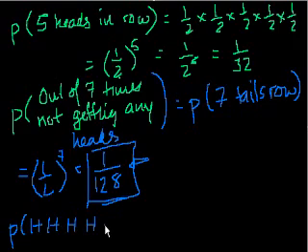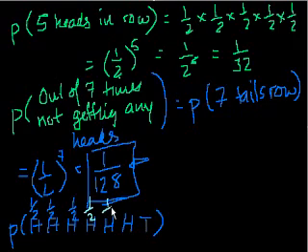It's 1, 2, 3, 4, 5, 6, and then the last time I get a tails. Well, if you think of it, this is exactly one particular result out of the total results that we could get. And what's the probability of this? Well, there's a 1/2 chance of getting a heads, 1/2 chance of a heads, 1/2 chance of a heads. Let me switch colors. 1/2 chance of a heads, 1/2 chance of a heads, 1/2 chance of a heads, and then 1/2 chance of a tails.